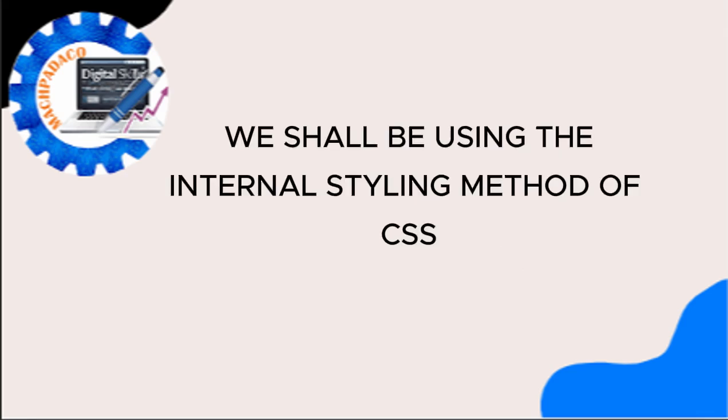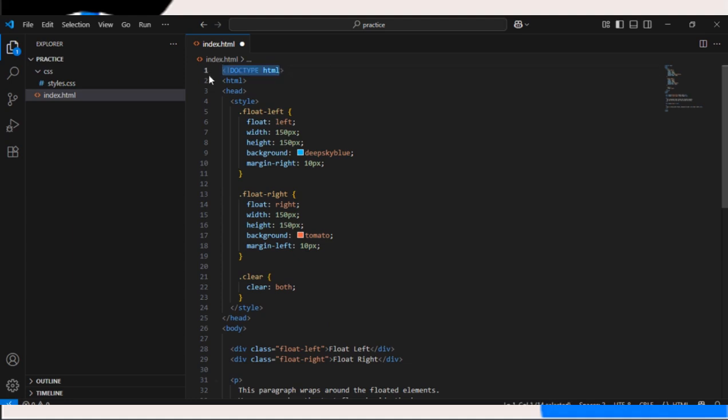We shall be using the internal styling method. Then we have our doctype HTML. Below it we have our HTML open tag. And below the HTML open tag we also have the head open tag. Then we have the style open tag.